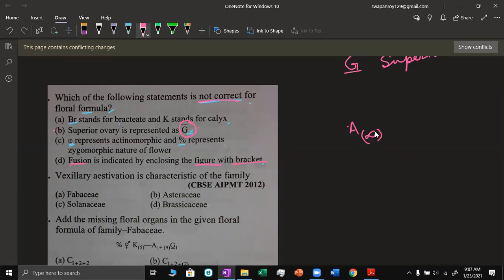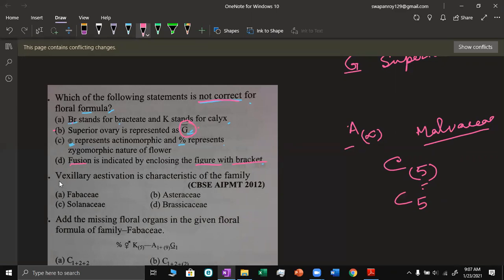This is infinity, many. This condition is found in Malvaceae, China rose, monodelphous condition, united. Say C stands for corolla; if the calyx is 5, then united. And if it is free, we will write the figure without bracket.